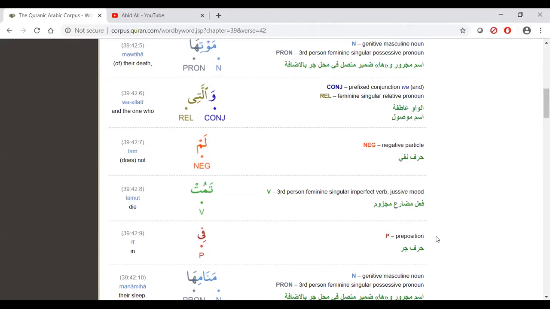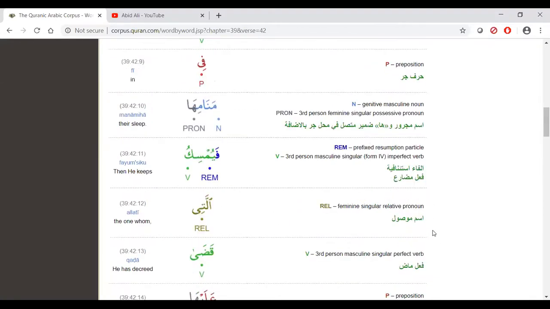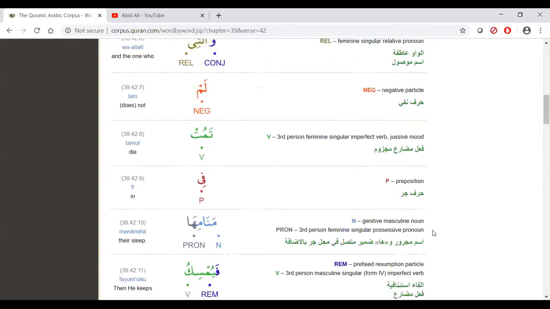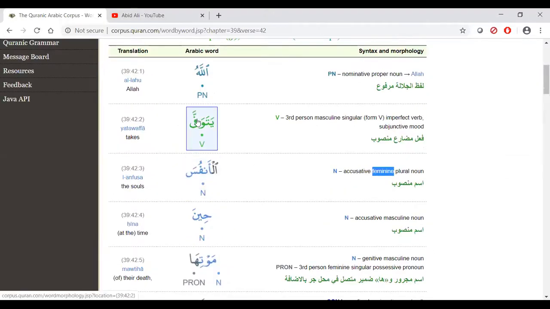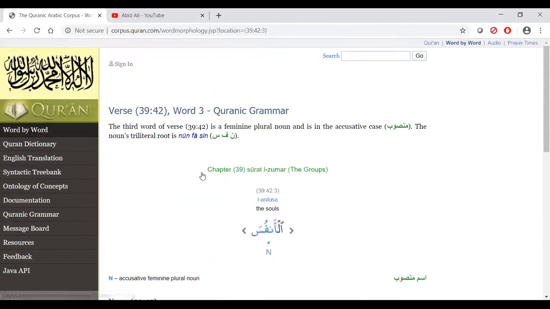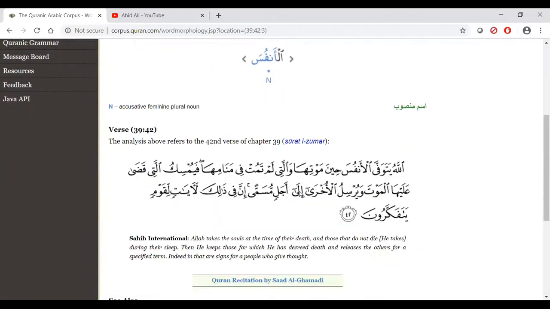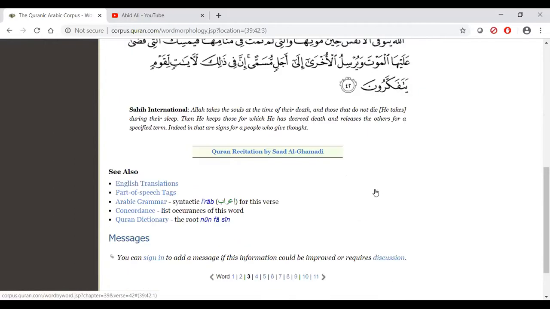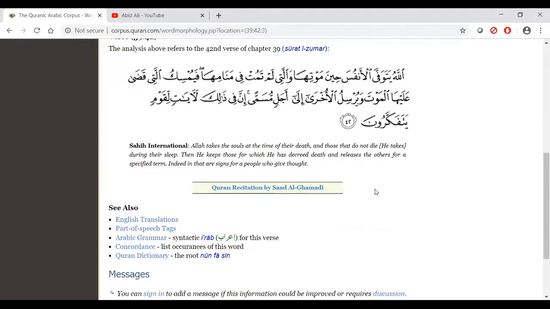Yes, especially when we are trying to learn the Arabic language. If you click on something here, you get more information, by the way. And you also get the reference ayah where it's used in the Quran, right? So look at that, inshallah.